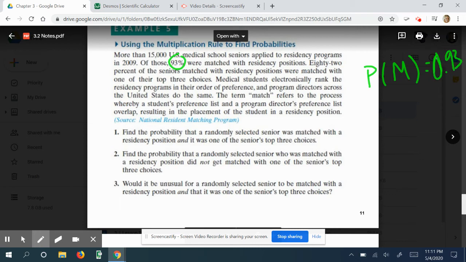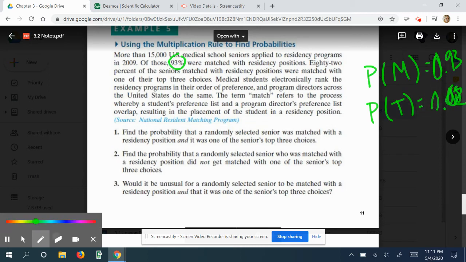Okay. Now, the next one, 82% were matched with their top 3 choices. So, probability of top 3, so we'll just say T, is 0.82. Okay.